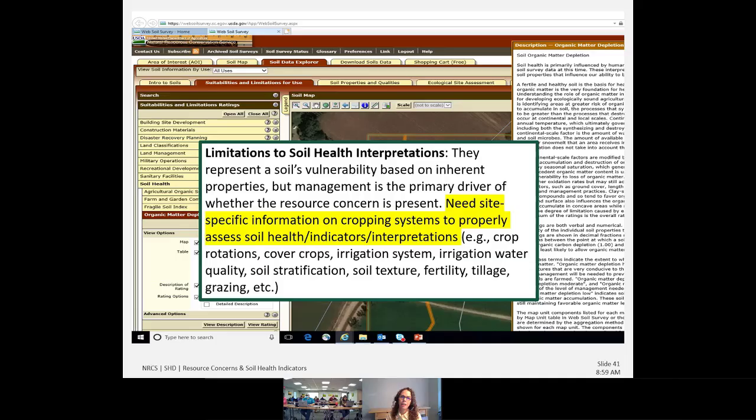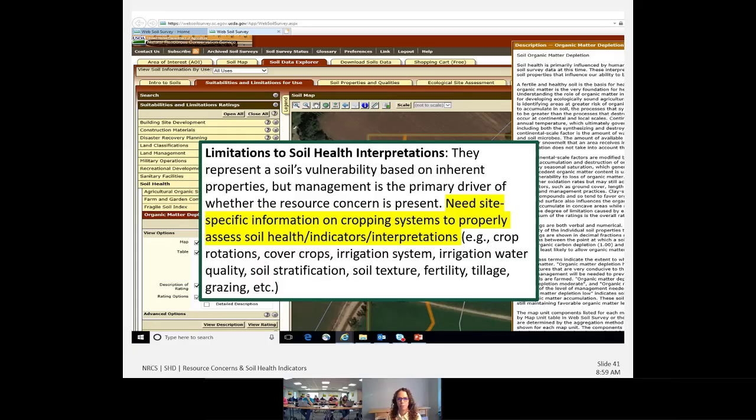But with soil health, management really is the primary driver of whether a resource concern is present. So it really requires site-specific information on the cropping systems to properly understand and assess soil health indicators and interpretations, which is why we have this in-field assessment.